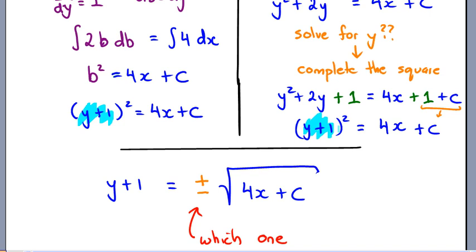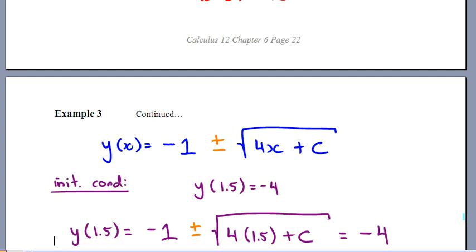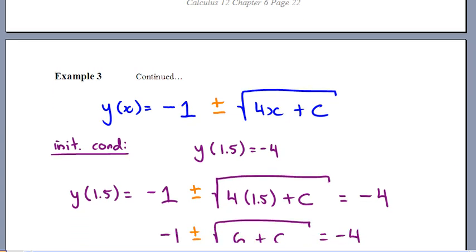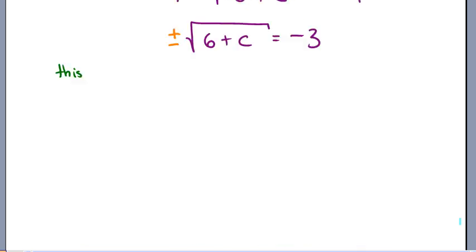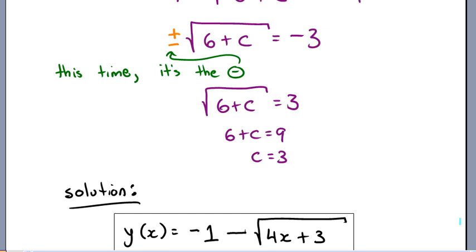So you're always going to have that show up where after integrating you have a y squared and then you're solving for y. But the initial condition will tell you whether it needs to be the plus or the minus. And in this particular story, it needed to be the negative version of the story. That's why it says minus the root of 4x plus 3.